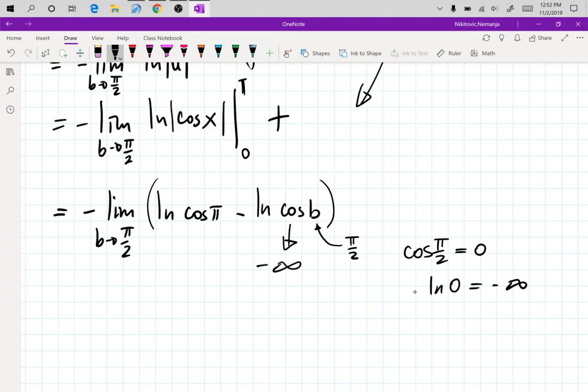And that makes the whole thing diverge. So I only did half of the calculation, and I found that one of the two integrals is divergent. As soon as a small part of the problem explodes, the whole problem explodes, right?